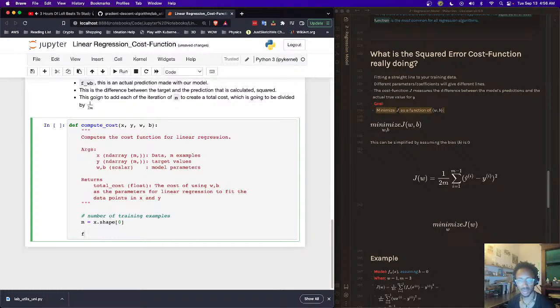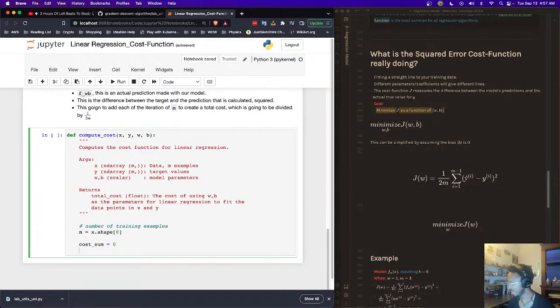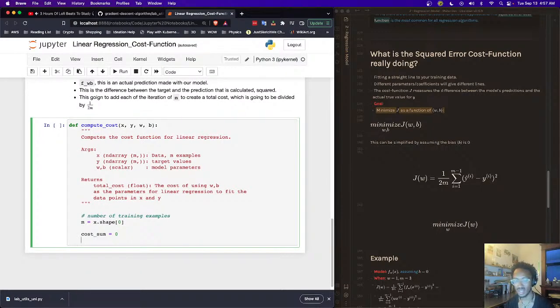So the cost is going to be set to 0. What we're doing here is not the actual cost that we're outputting. This is going to be a placeholder. What we're doing right now is called mutable programming. It's a mutable paradigm, I don't know if that's the right word.